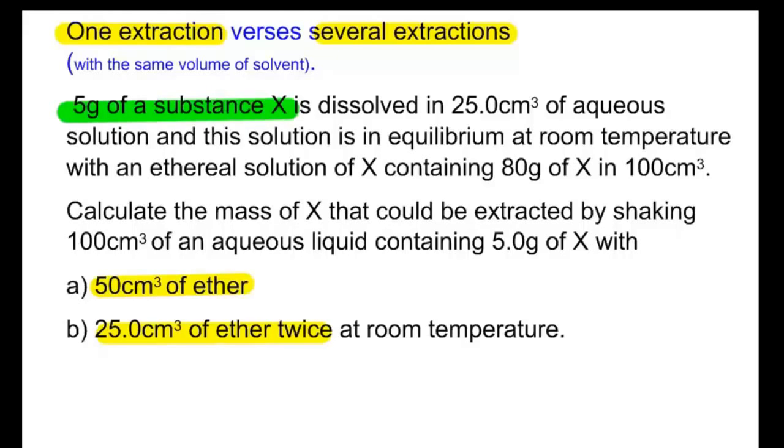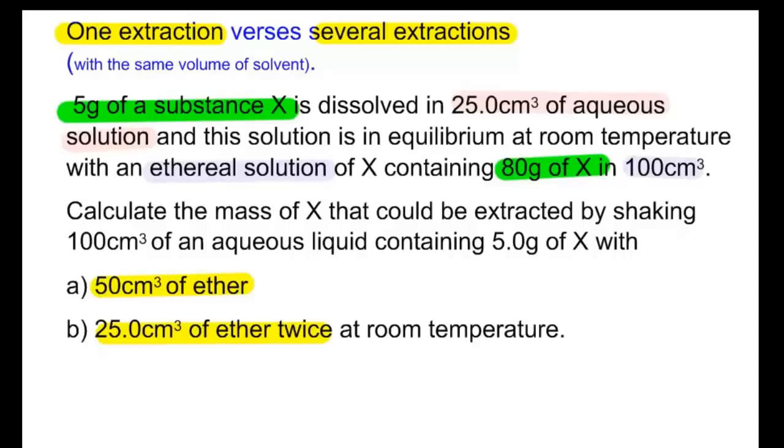Okay, let's extract the information then. You'll note to begin with that we have not been given the partition coefficient. But notice an important word in the second line, equilibrium: the water and the ether solutions have been allowed to reach equilibrium.